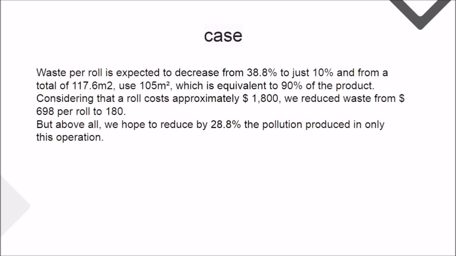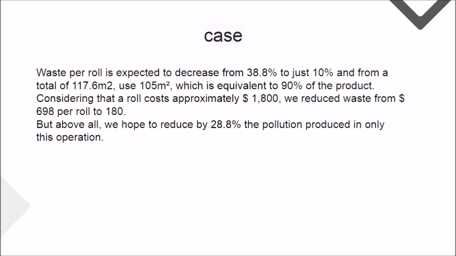And finally, waste per roll is expected to decrease from 38.8% to just 10%, and from a total of 117.6 meters to 105 meters, which is equivalent to 19% of the product.